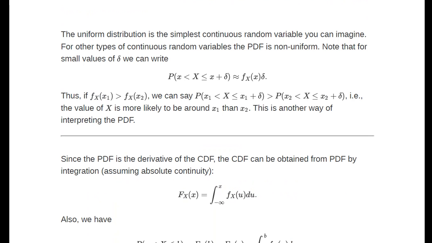Note that for small values of δ, we can write the probability of X being between x and x+δ as approximately f_X(x) times δ.